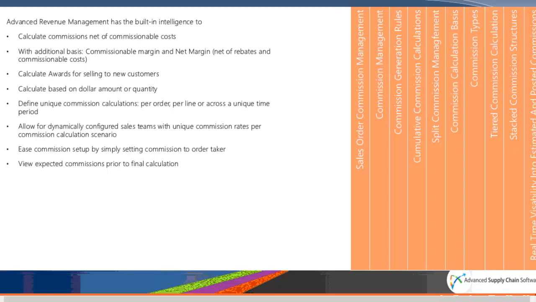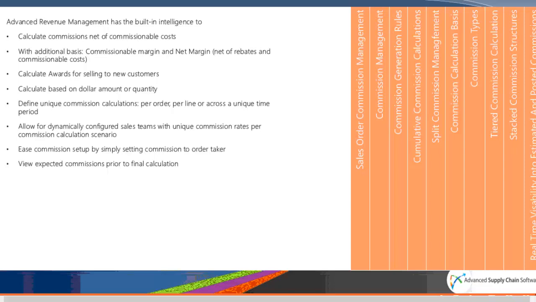We've also extended the way commissions get calculated, whether based on net amount, revenue, or margin within the system, and allow you to have split commissions, where you can allocate commissions to multiple people, or have layered commissions and a number of other functions within Dynamics AX. So today we're going to talk about these and some of the different scenarios that I've got here and give you an overview of what we're doing.